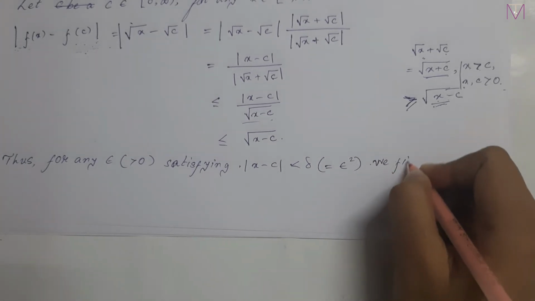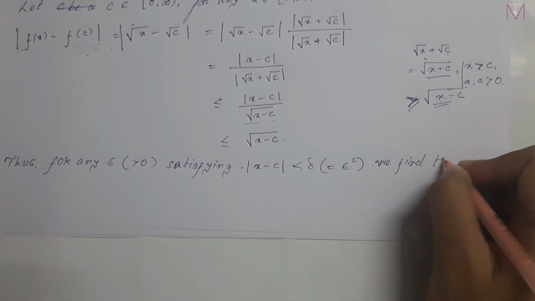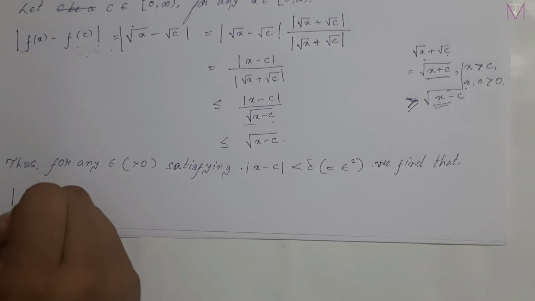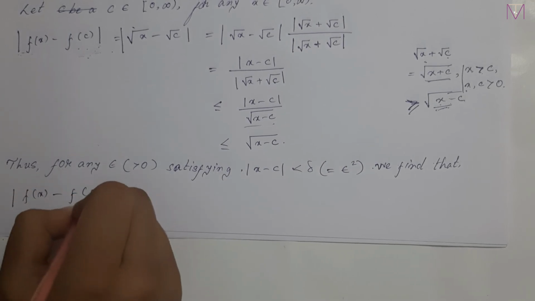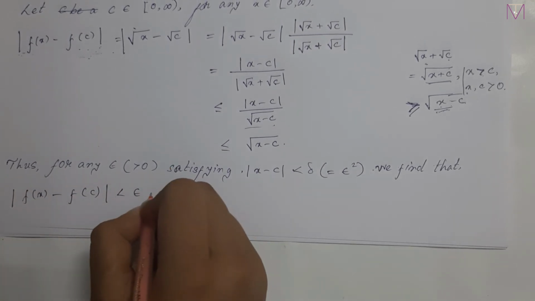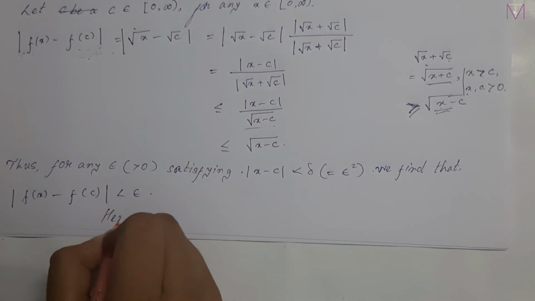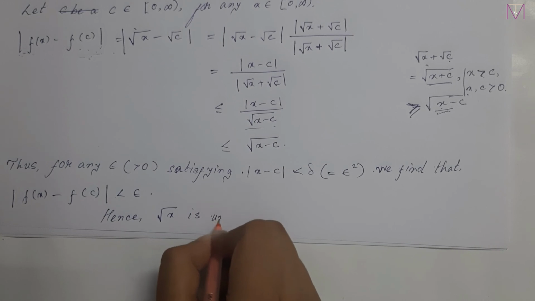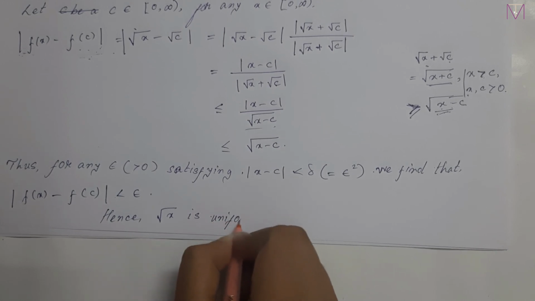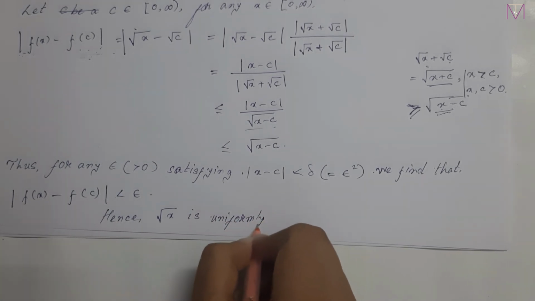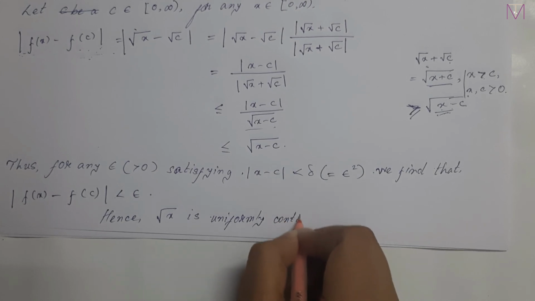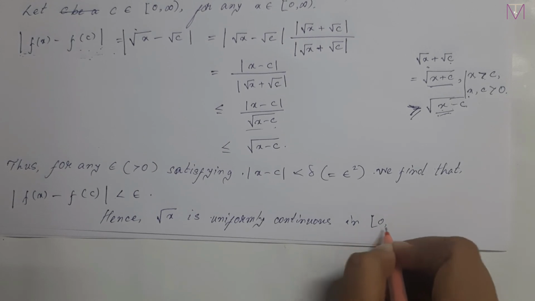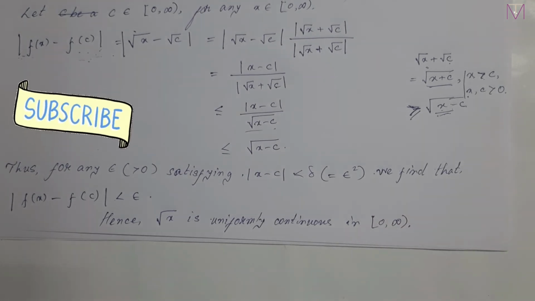We find that |f(x) - f(c)| is less than epsilon. Hence root x is uniformly continuous in 0 to infinity.